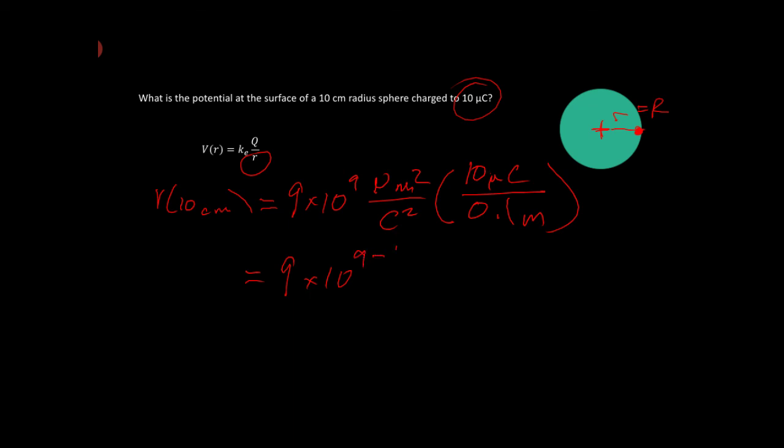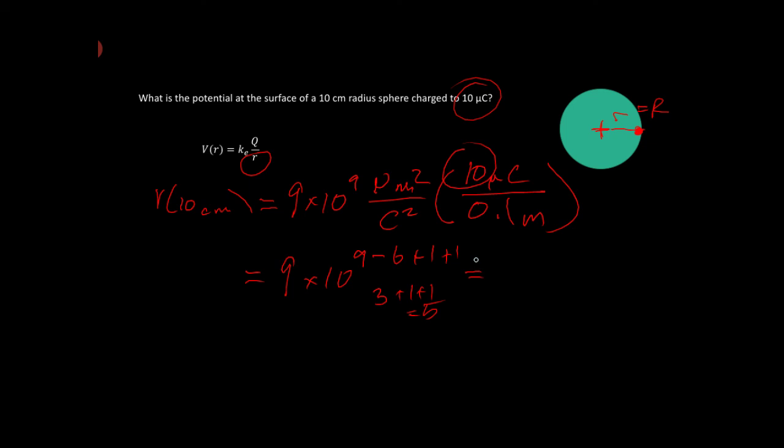The micro gives us a -6, and the 0.1 gives us another +1. Oh, and I have another 10 from this, so that's 9 minus 6, so that's 3 plus 1 plus 1 is equal to 5.